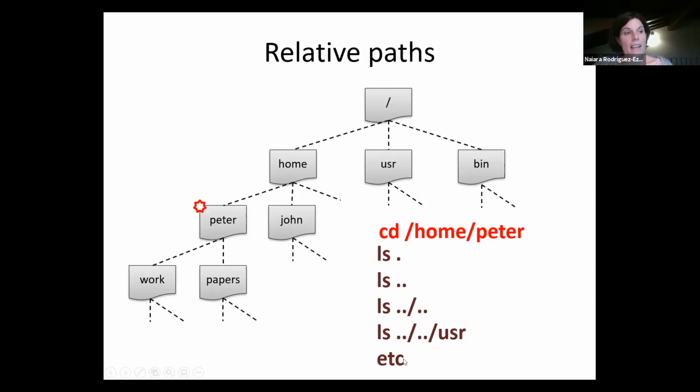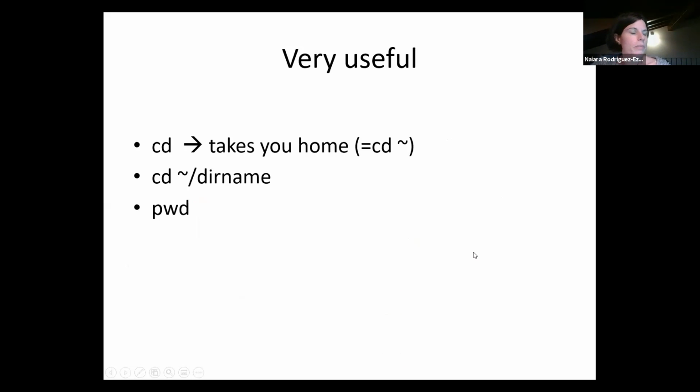And then I can go back up. So dot dot / dot dot gets me up to the root, and then I can go down, and I can do ls dot dot / dot dot / user, which will get me whatever is under user, right? And so on. Very useful.